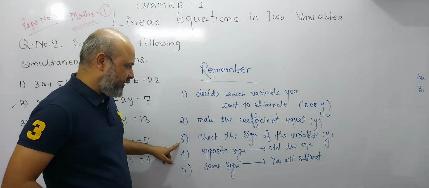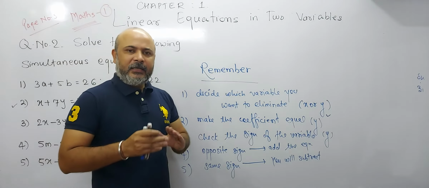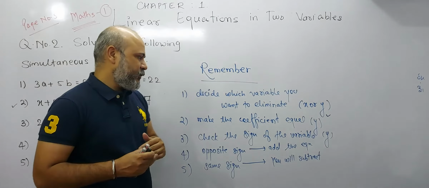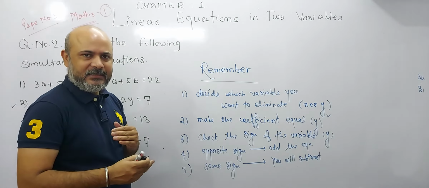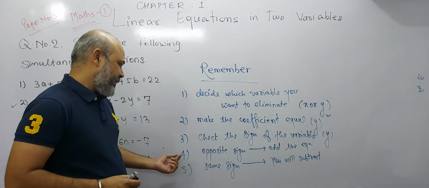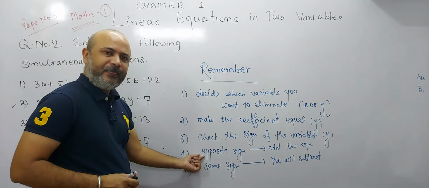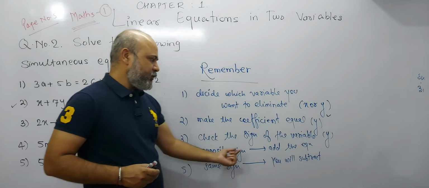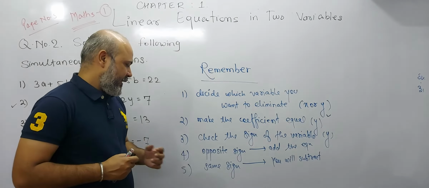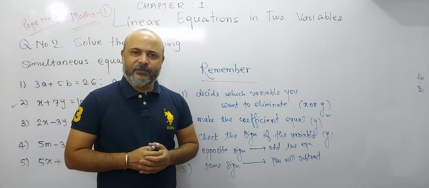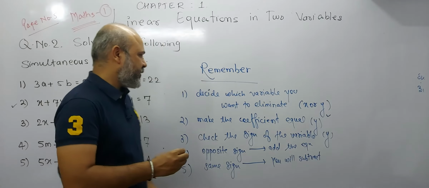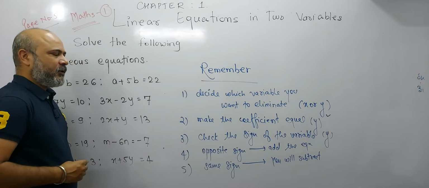Third, check the sign of the variable. If the coefficients become equal, check whether they have the same sign or opposite sign. If you get opposite signs, you add the equations, and if you get the same sign, you subtract the equations. Clear, students? This is a very important concept.